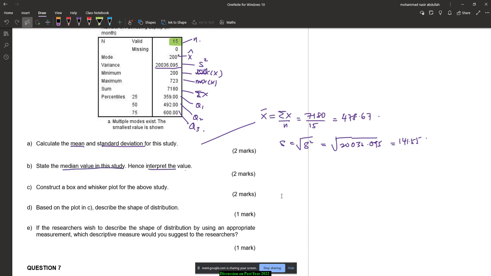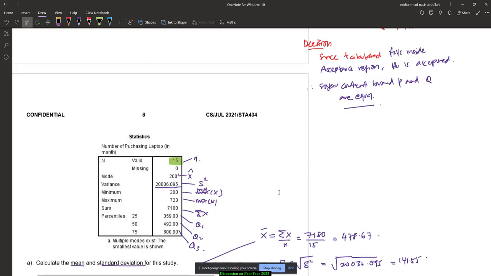Say the median value in this study and interpret the value. So median is quartile 2. Quartile 2 is also equal to median, which is equal to 492. So we can interpret that 50% of the data, this is data about what?